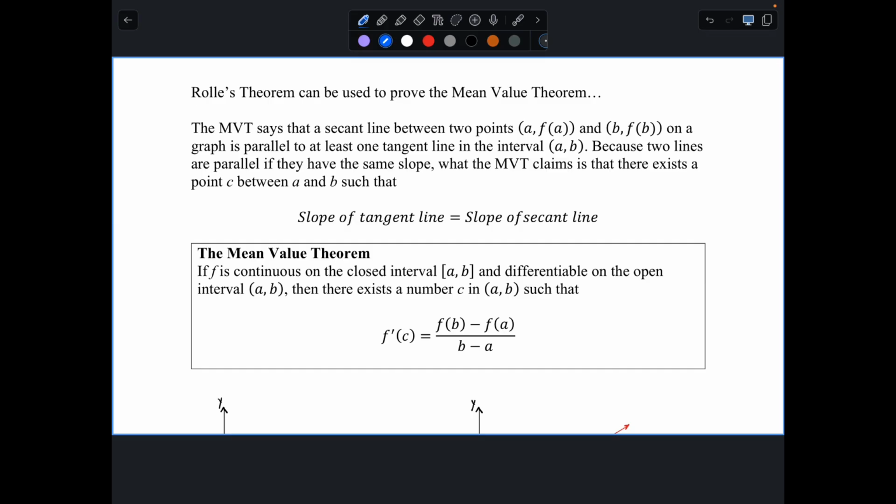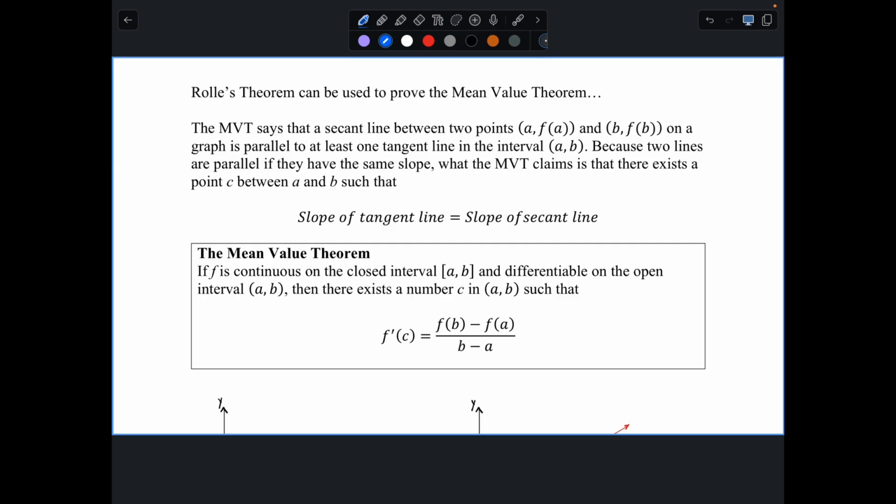Okay? So MVT says the secant line between two points, a comma f of a and b comma f of b, on a graph is parallel to at least one tangent line on the open interval from a to b. Because two lines are parallel if they have the same slope, what the MVT claims is that there exists a point C between a and b such that the slope of the tangent line is equal to the slope of the secant line.